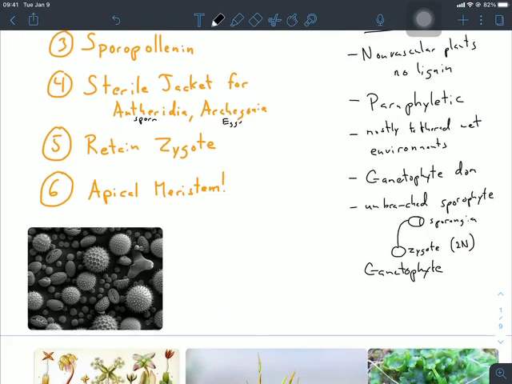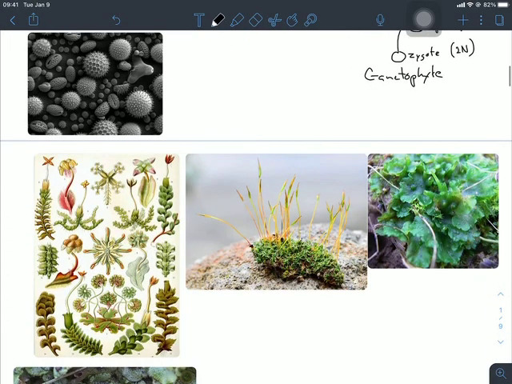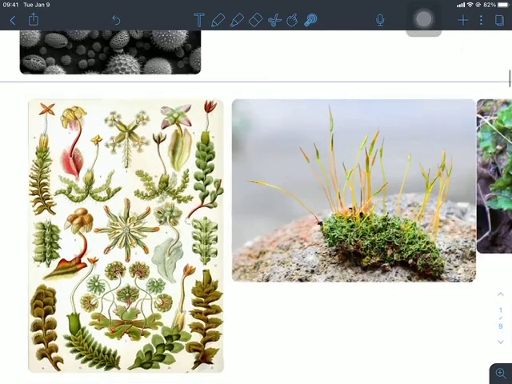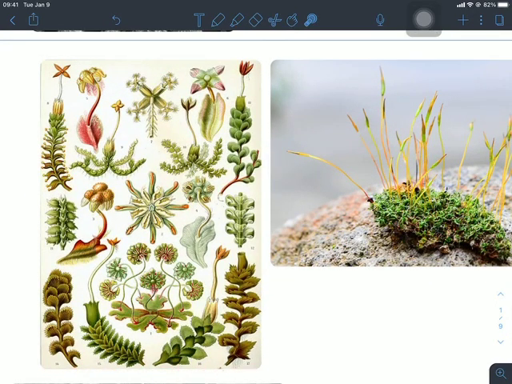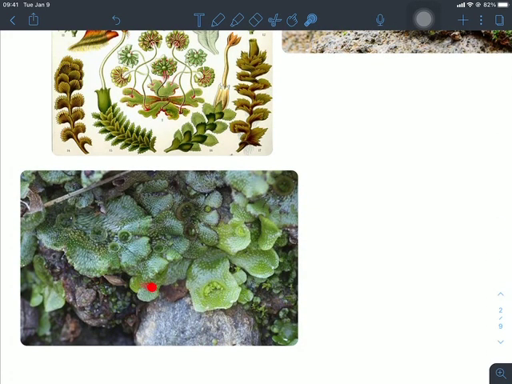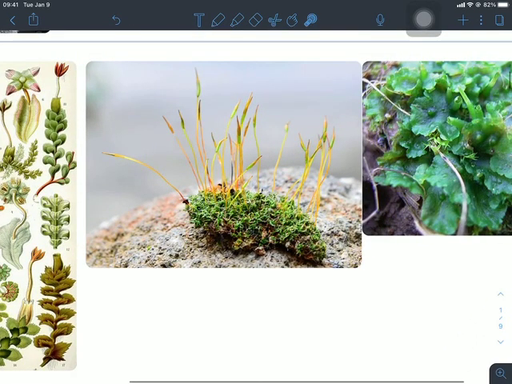So let's take a look at some of these different organisms, some diversity. Here on the left, we have drawings of various different liverworts, an actual picture of some of our liverworts, a picture of a moss with the gametophyte base that's photosynthetic, and the nutritionally dependent sporophyte that's unbranched, sticking out.